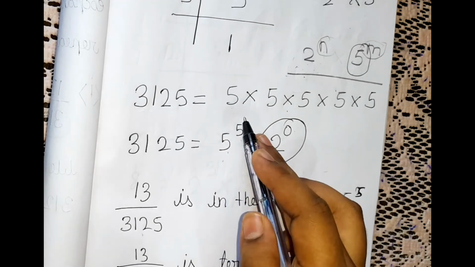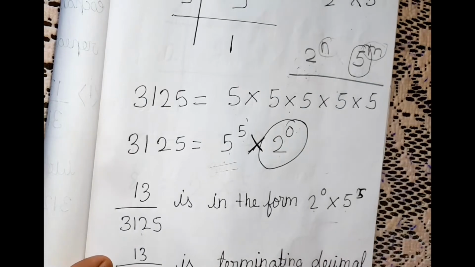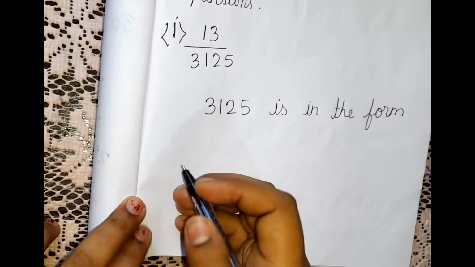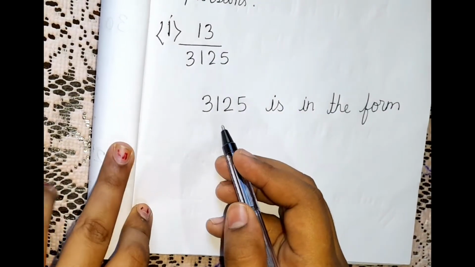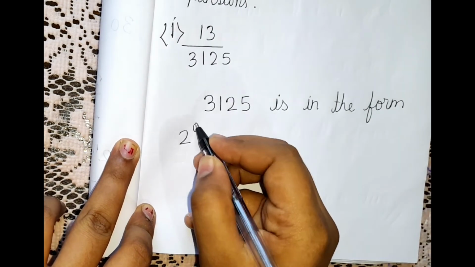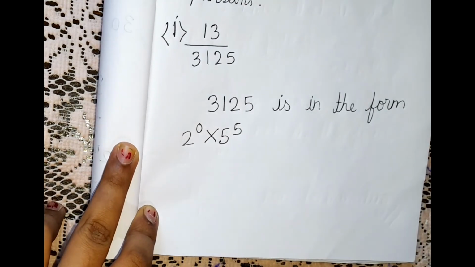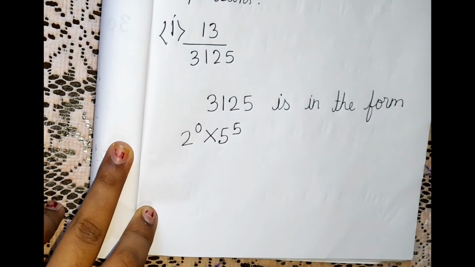We are going to take this 5 power 5 because we got it from the prime factorization method. So I am going to write 3125 is in the form 2 power 0 into 5 power 5.